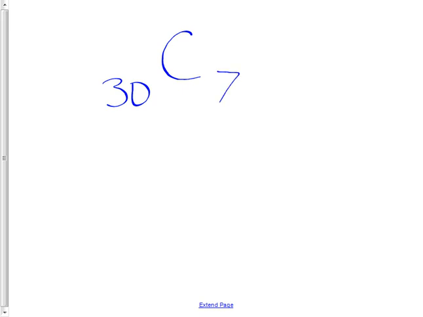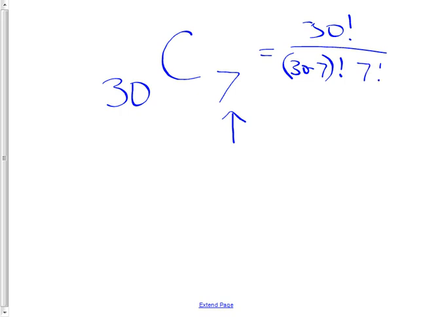I'm picking out 7. Now, on this one, could you do blanks? You couldn't, because it's a combination. Permutation, you can do blanks. This one, it's not finishing in order, so I can't do the same thing with the 7 times 6, or 30 times 29 times 28, etc. So I have to use that formula I just taught you. 30 factorial over 30 minus the 7, which would be 23 factorial, and then one extra of these, 7 factorial.